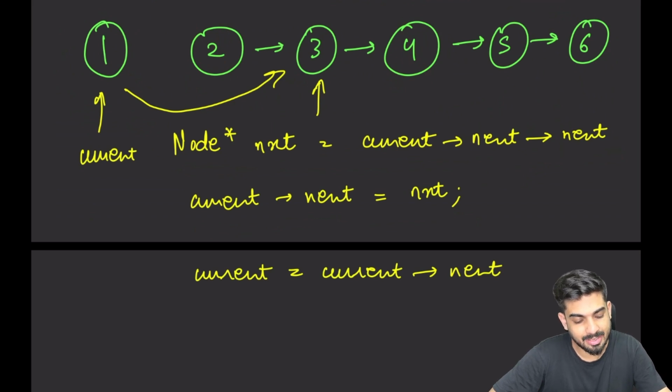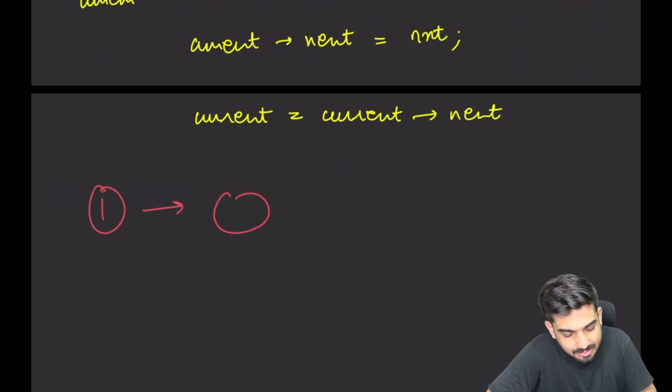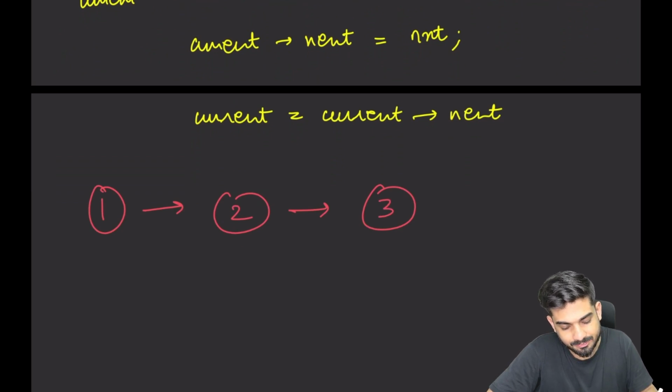Let's discuss what will happen in the case of an odd linked list. Let's take a minor example. Suppose we have 3 elements in the linked list. You are on this particular node, which is the current node.